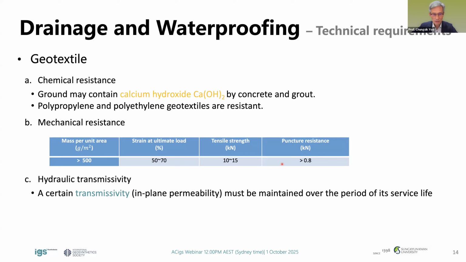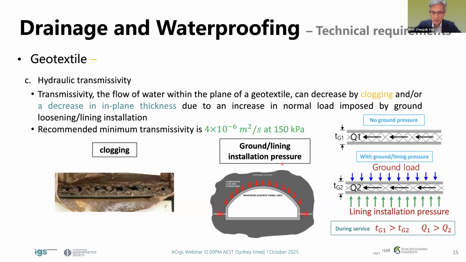In addition to these properties, the hydraulic transmissivity is another important performance indicator as a tunnel drainage layer. So as you can see, we have to understand the role of geotextile or drainage layer here.